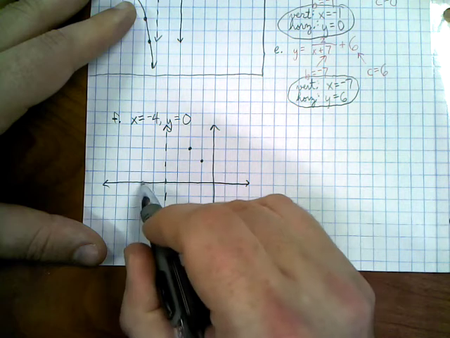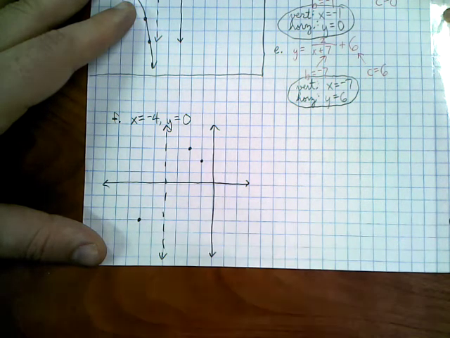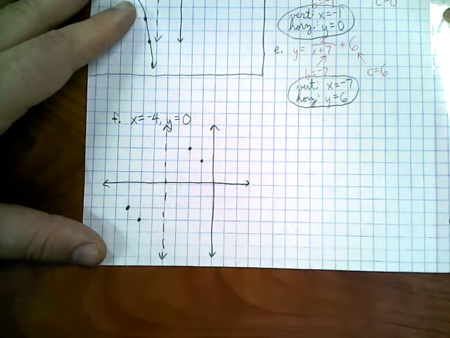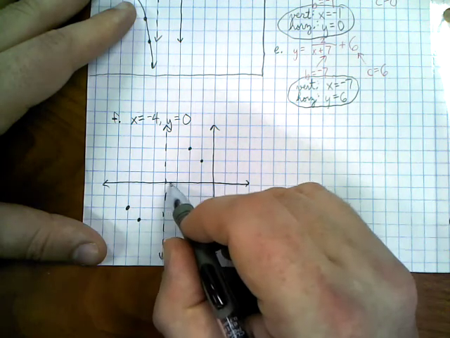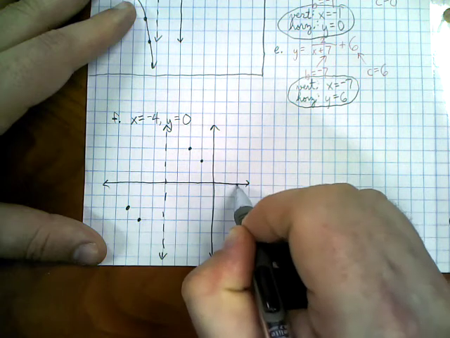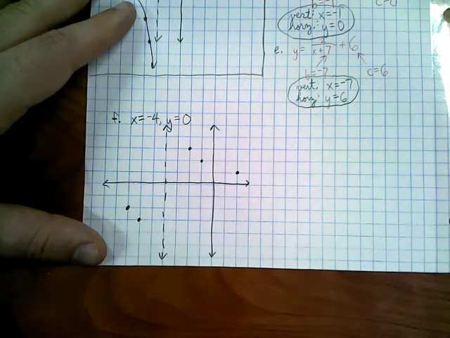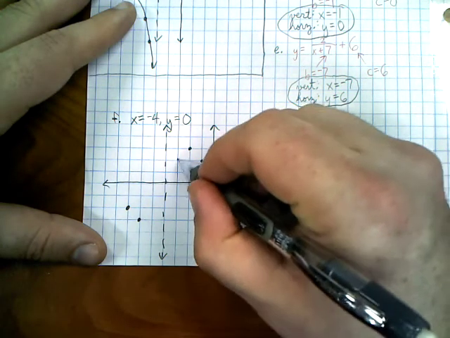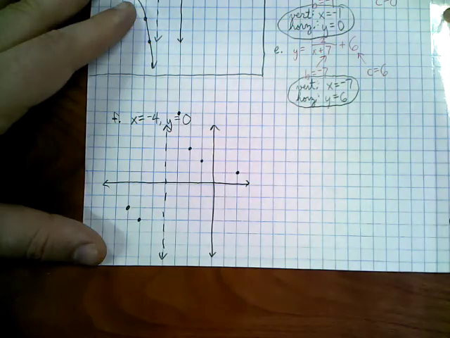For that matter, -2 times -3 gives me 6, and -3 times -2 gives me 6. Also, 1 times 6 gives me 6. And then I don't have a ton of room here, but 1 times 6 gives me 6.